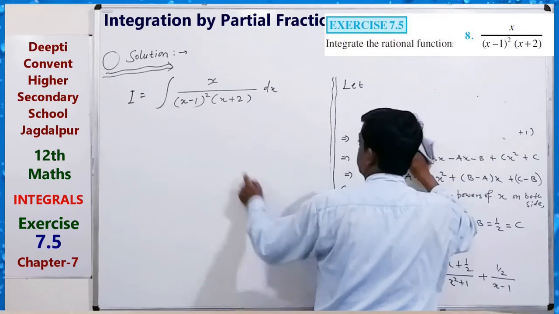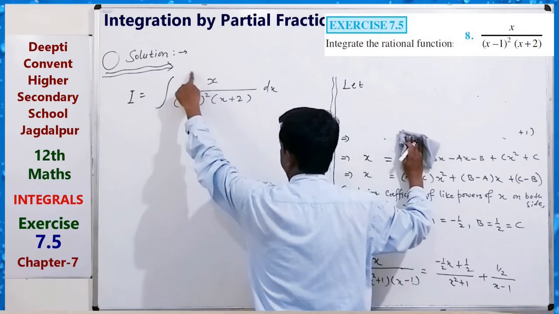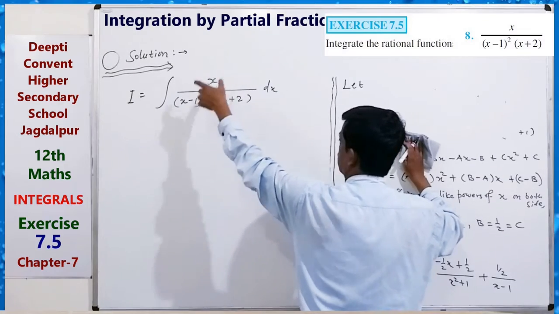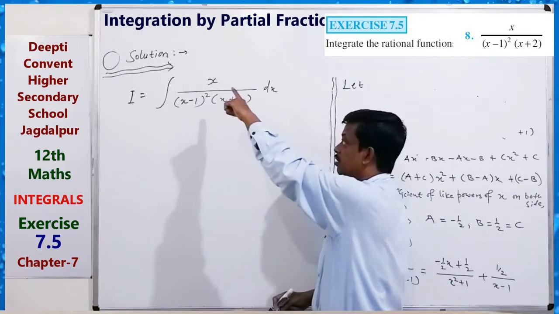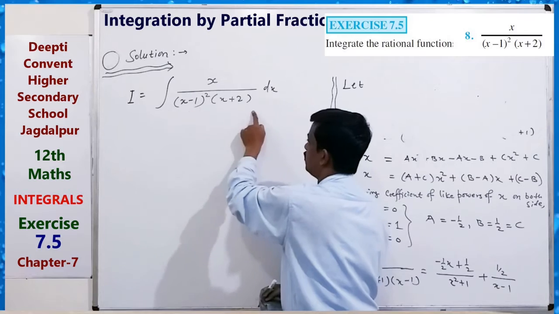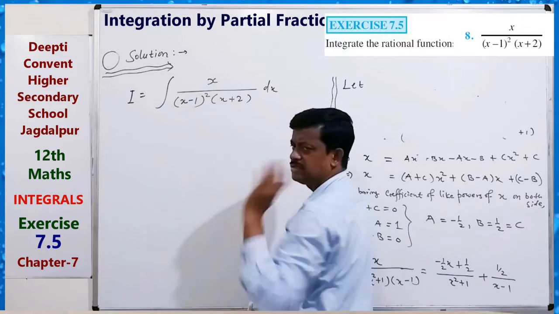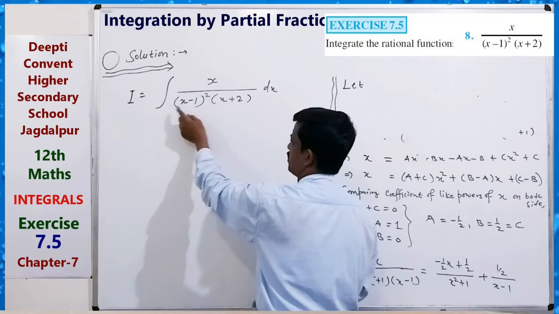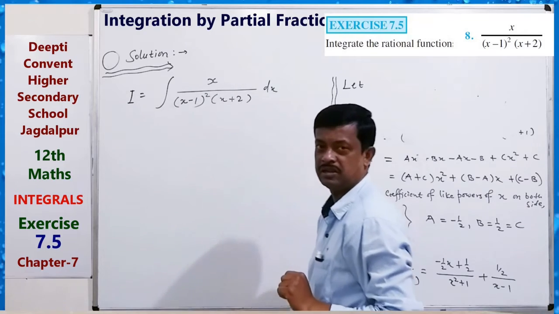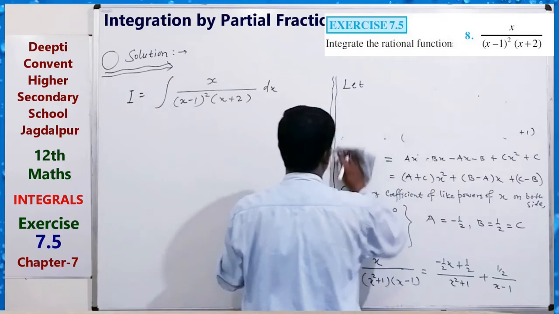Okay. So here is also a rational function fraction. Numerator is degree 1 and denominator is degree 3, because second degree and third degree. So it is factorized: x minus 1 square, two times, on linear factor x plus 2. So we have to take how?